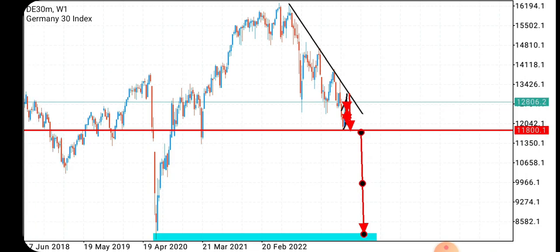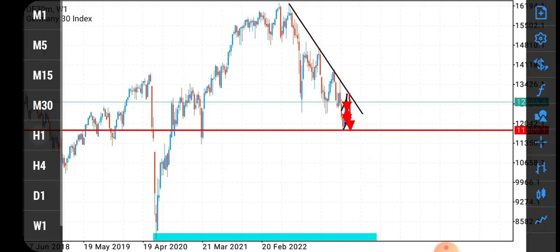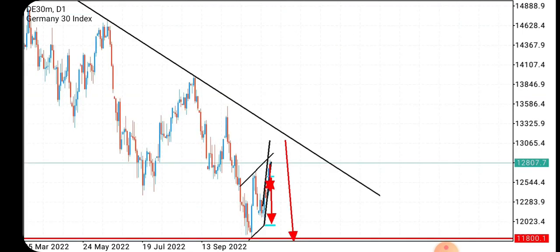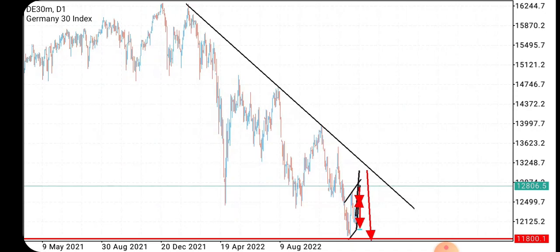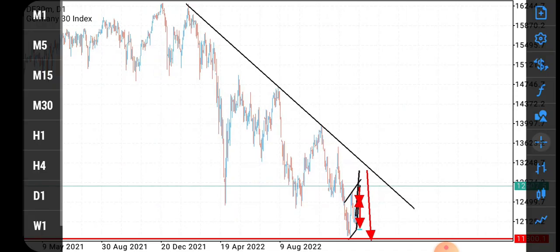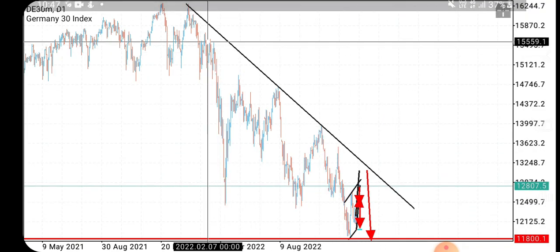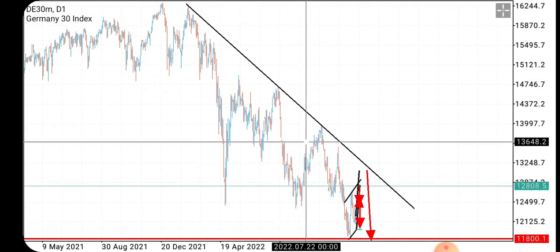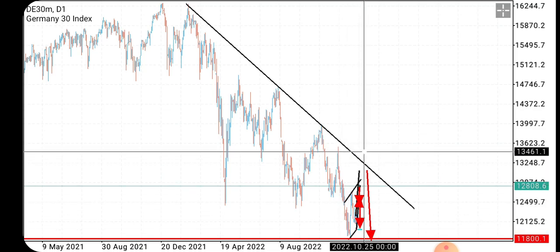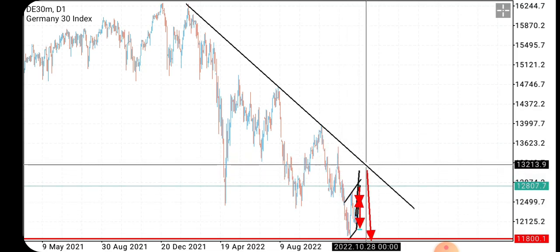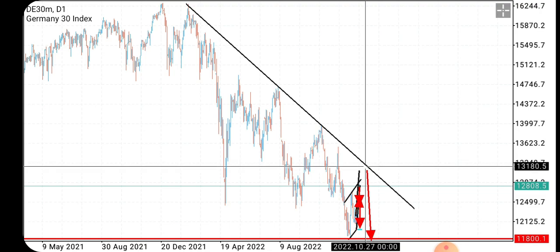So yeah, guys, let me just quickly explain it again. Let me go to my daily chart. On my daily chart, we can see that we are still in an overall bearish market, right? The market is making a series of lower lows and lower highs, and now we might be going for another lower high, right?